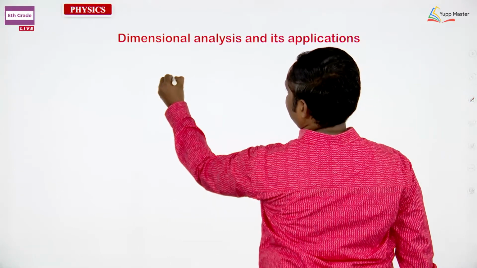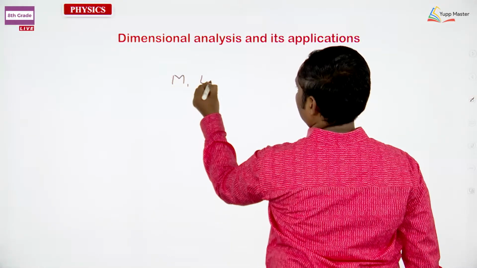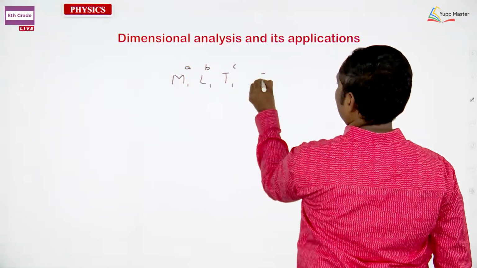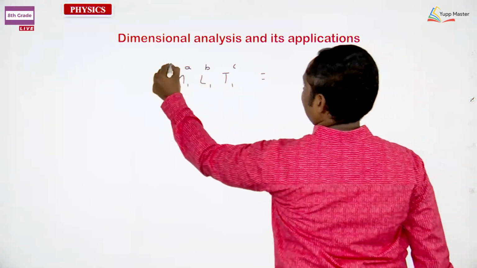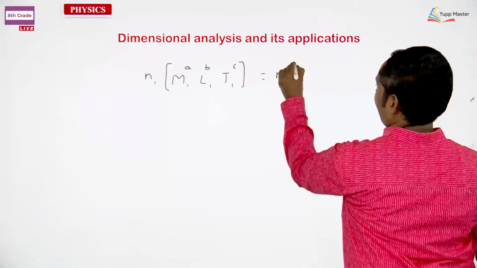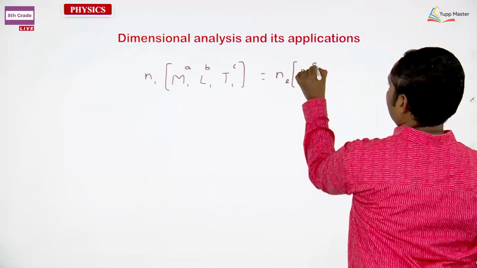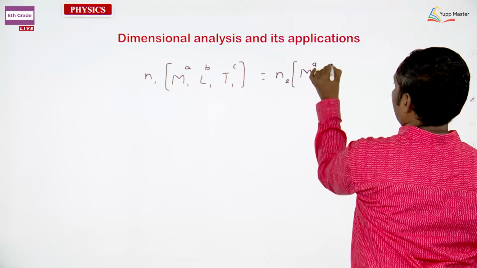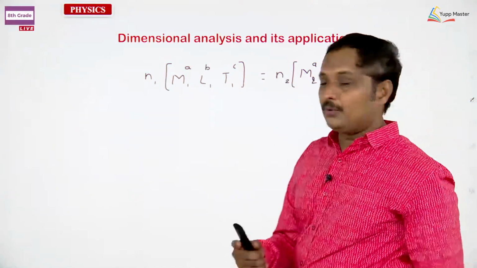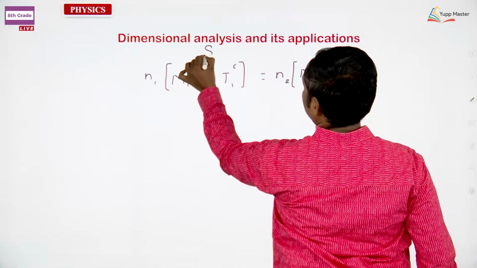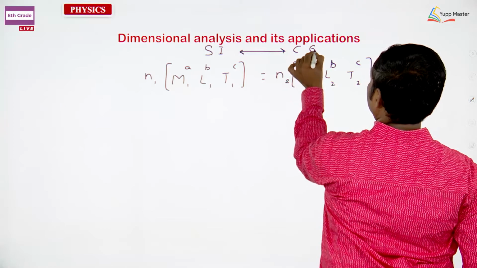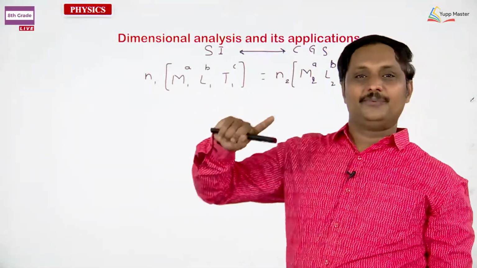You can take M1, L1, T1 to the powers a, b and c, which is related to N2 into M to the power, if you are going to take that conversion, SI system to CGS or CGS to SI system.